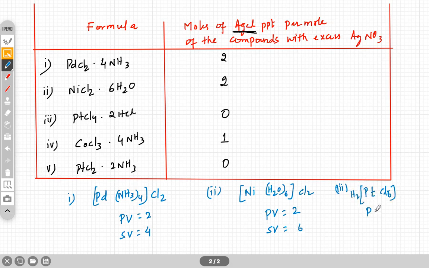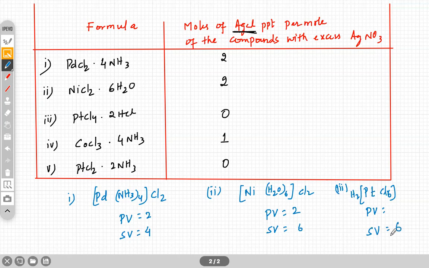So what should be the primary valency here and the secondary valency?